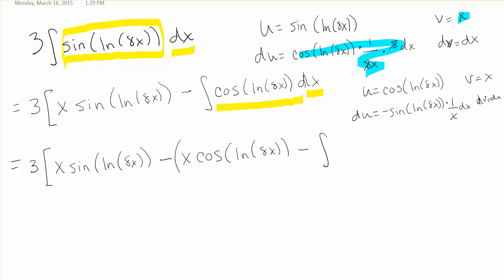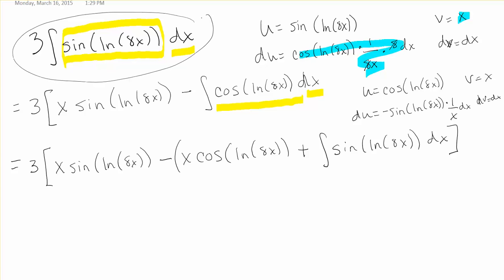The minus on the sign is going to make this positive, and then you're just going to have the sine of the ln of 8x and then the dx. This is where you should start saying, oh wait a second, this looks like one of those problems where, remember, I started with 3 integral sine ln 8x dx. This is now equal to this entire expression.